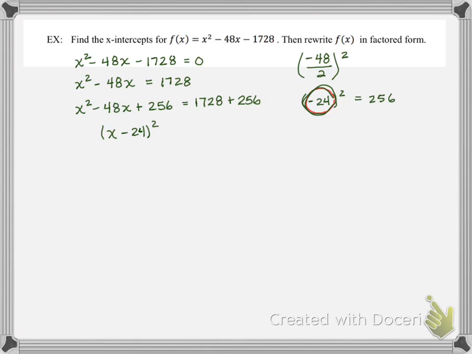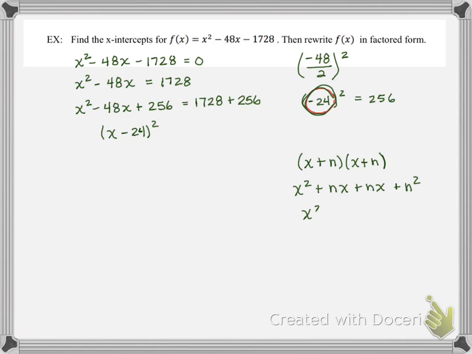I'm still a little confused as to why you divide by 2 and square it. So when you multiply x plus, I don't know, I need a letter, n, times x plus n, if you square a binomial, you get x squared plus n times x plus n times x plus n squared.